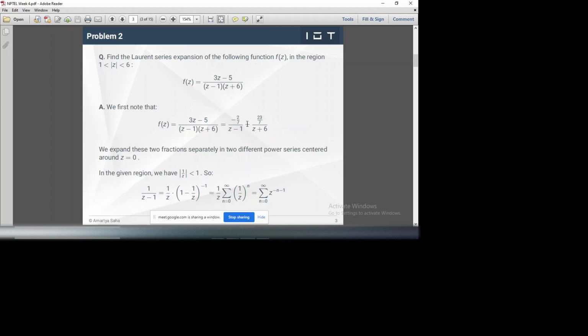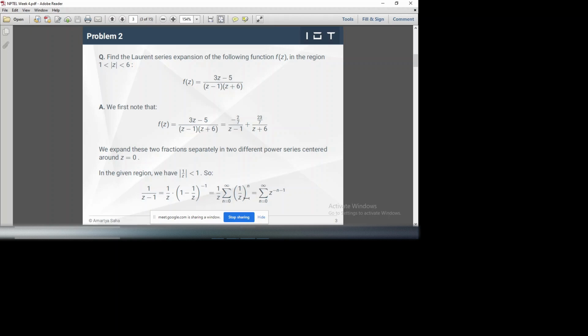Now it's easy to perform. We have earlier performed this kind of analysis. So 1 by z minus 1. I have extracted the factor of z to write it as a function of 1 by z. Simple. Now we'll do the binomial expansion for negative powers.